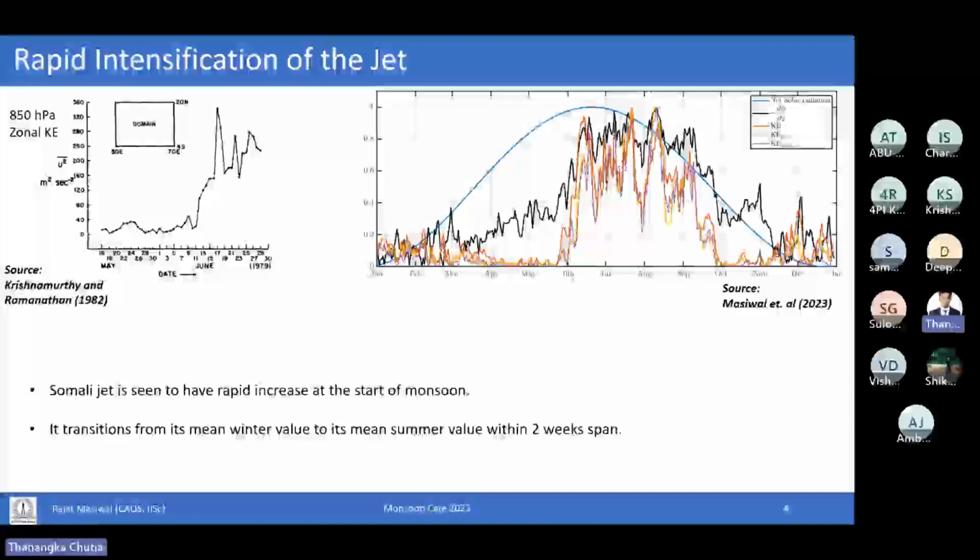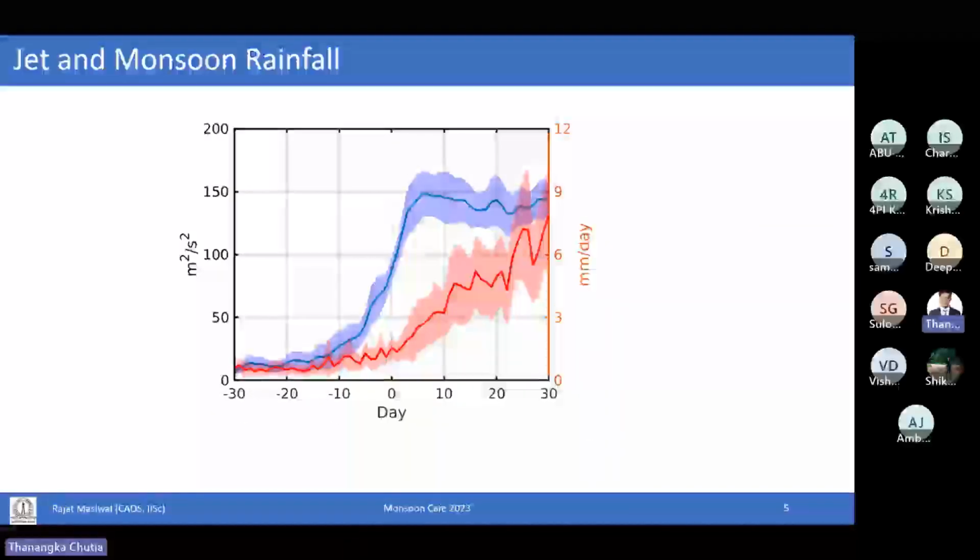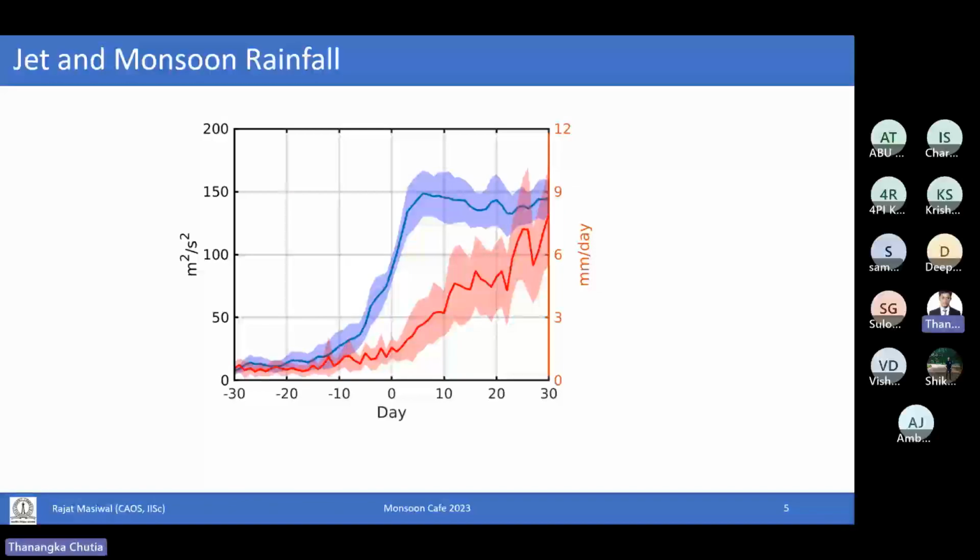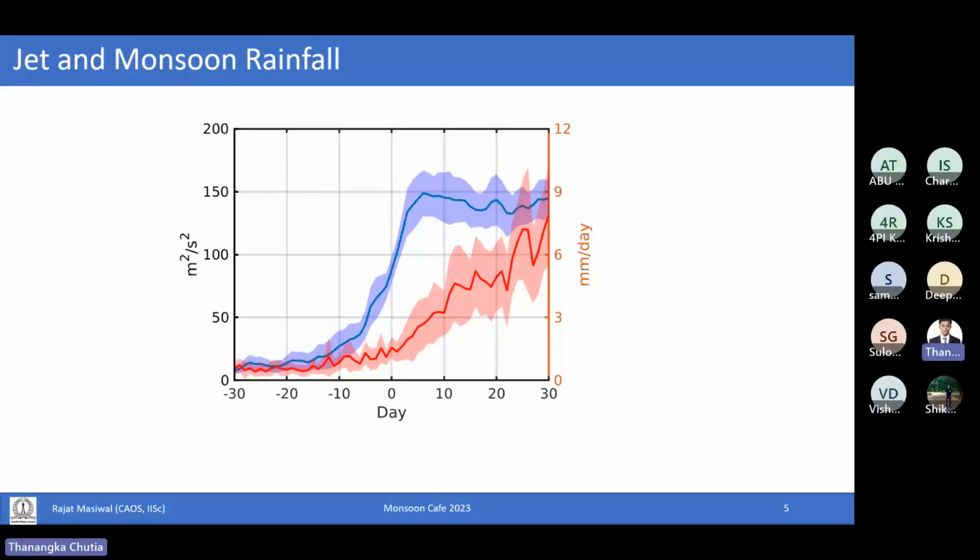Yeah, so within 2 weeks, it goes from seasonal mean winter values to seasonal summer values, and this is the rapid intensification. And now connecting the Somali jet to the monsoon rainfall, I think Professor Arindam a couple of weeks ago had already shown that the monsoon rainfall is very closely tied to the moisture flux within the Indian domain.